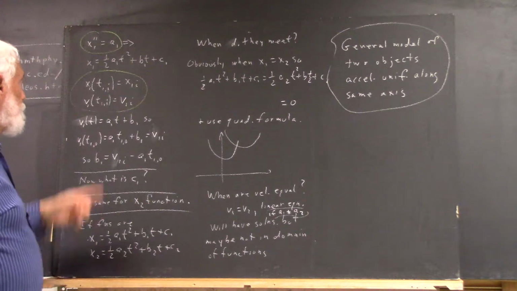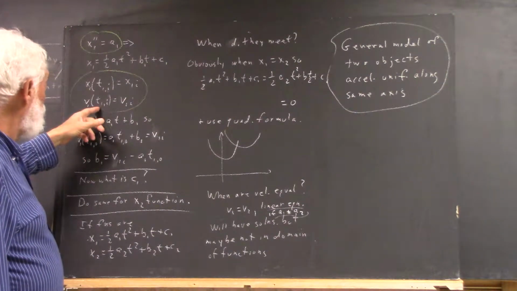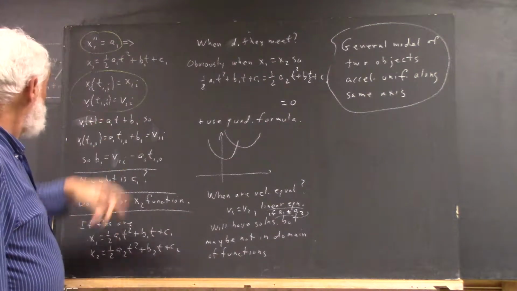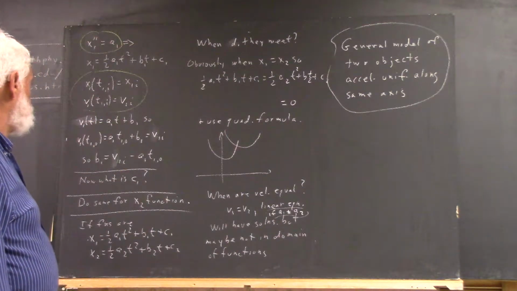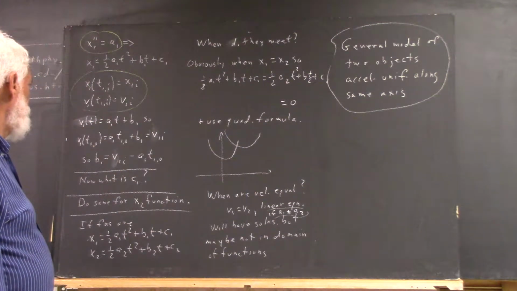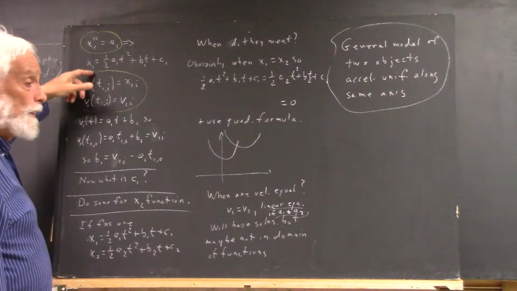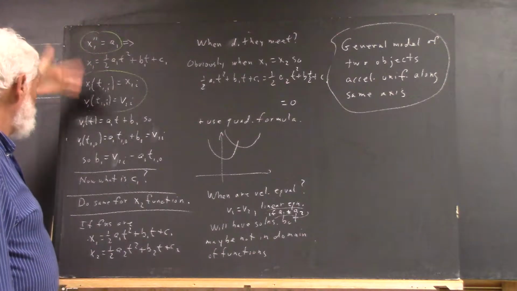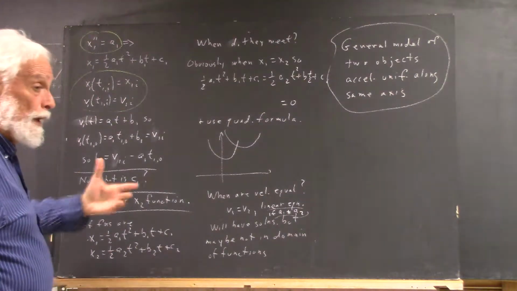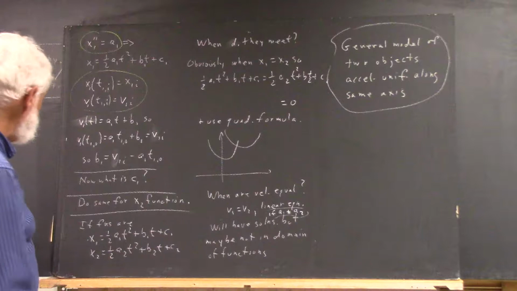And also, let's say that at t1i we know the velocity of this object. As it turns out, we don't have to even have the same time for both of these equations, but that's the way I have to write it for this given situation.